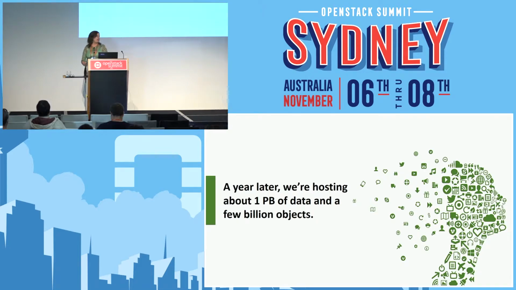So we got about a year down into it, and our data volume reached about a petabyte and a replication factor of 3. And the number of stored objects was approaching several billion. And our growth was about to kill us. We weren't getting high performance with Swift, and we really had to scramble.